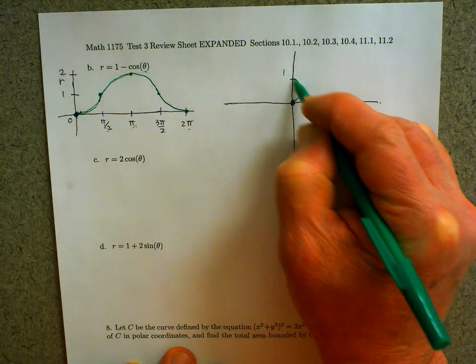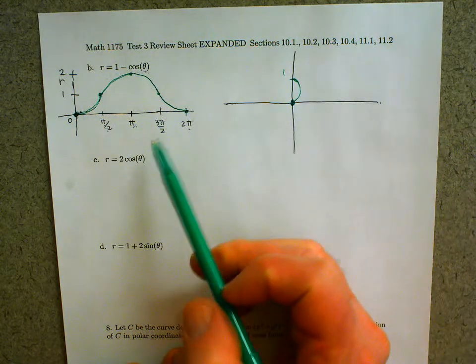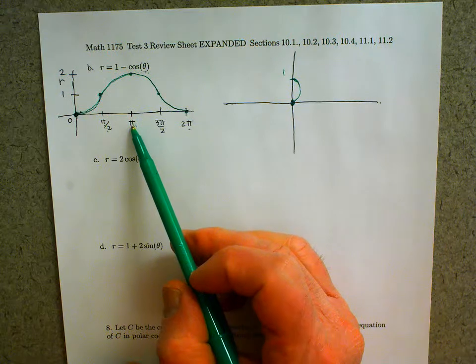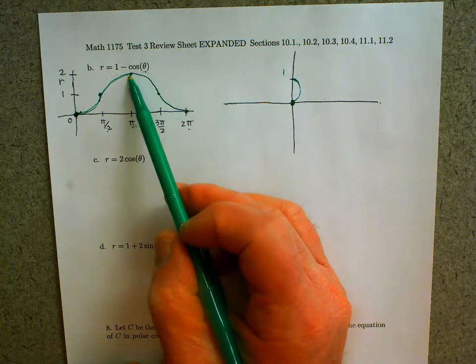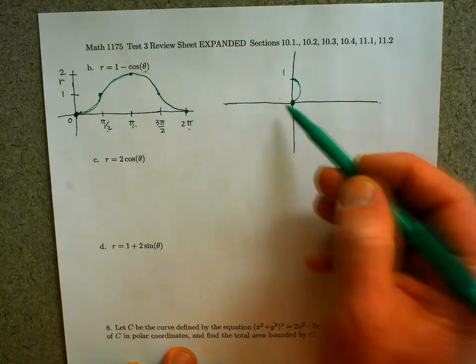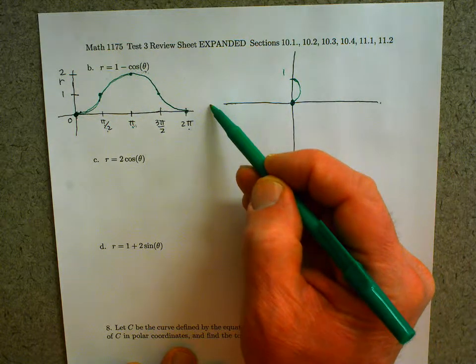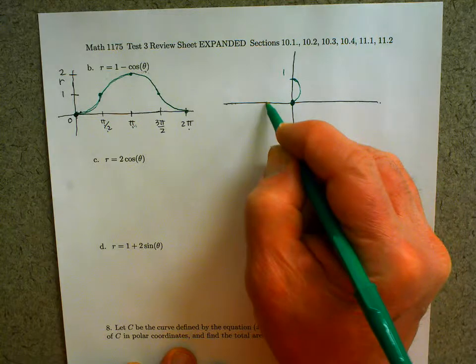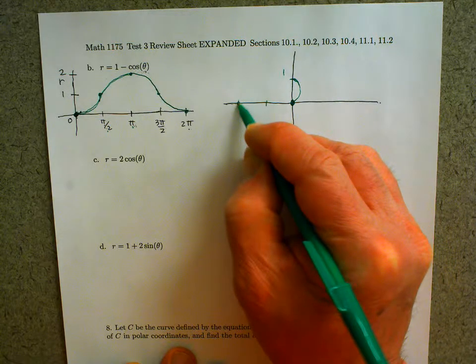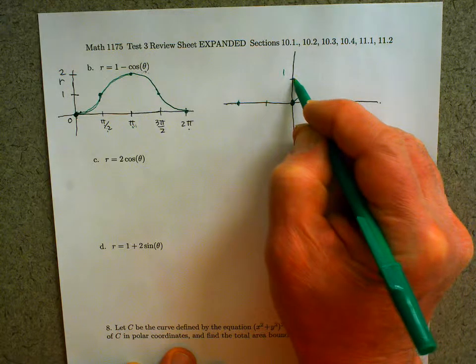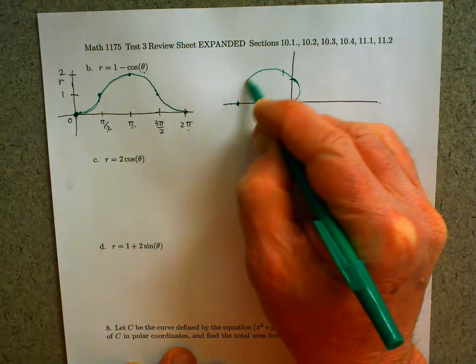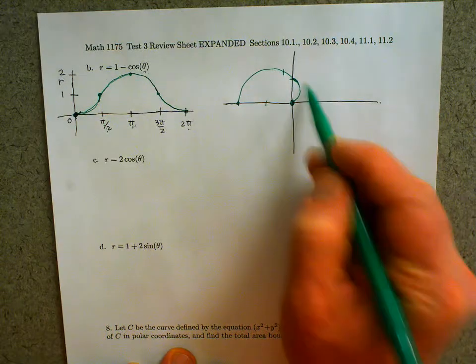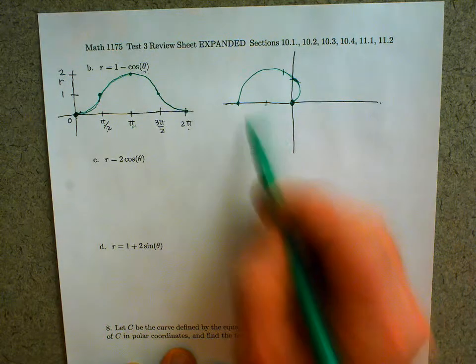So the curve does something like that. Then by the time it reaches theta equals pi, the r value is 2. So in the pi direction, that's to the left 2 units. So this is a cardioid. The top half is supposed to be a reflection of the bottom half.